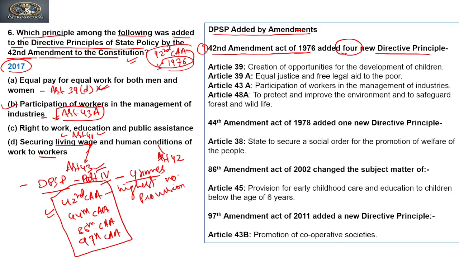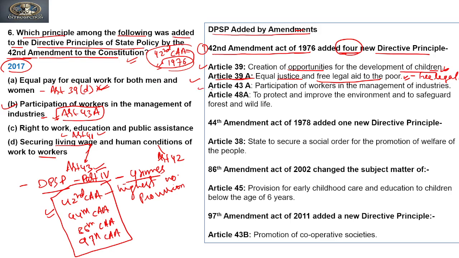The first is Article 39, creation of opportunity for development of children, where changes were made. Then the next new article added was Article 39A, which talks about equal justice and free legal aid to the poor, that the state's responsibility is to provide free legal aid, which we have discussed in the previous questions.